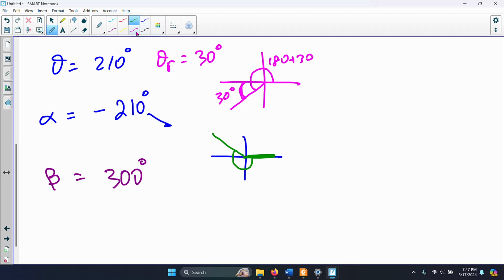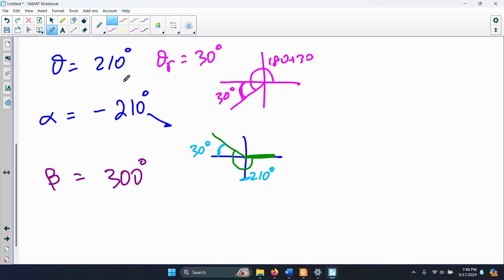But my reference angle is what? Well, what is this right here? If this is negative 210, because I have a negative spin, this is 30 degrees, because it went negative 180 plus another 30 to reach negative 210.